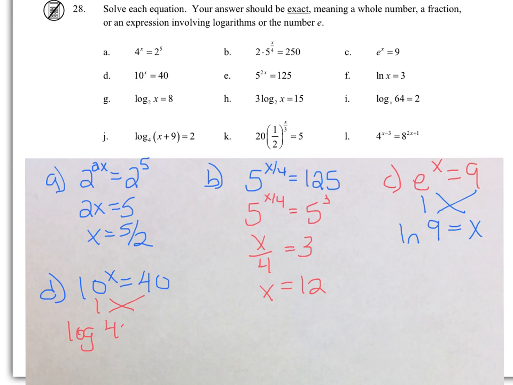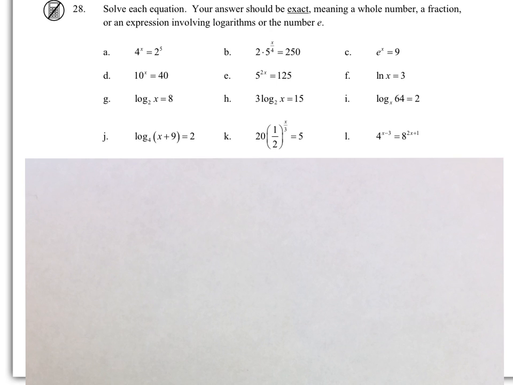Log base 10 of 40 is x. Now for E, we can make the bases the same. Set the exponents equal, and we get 3 over 2.